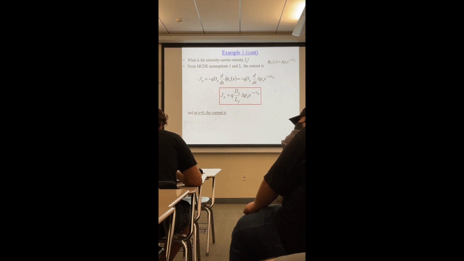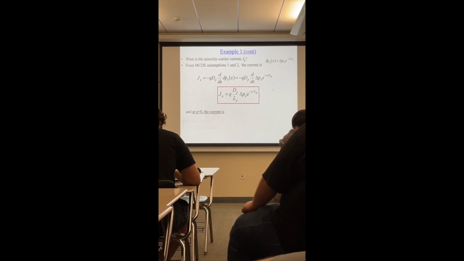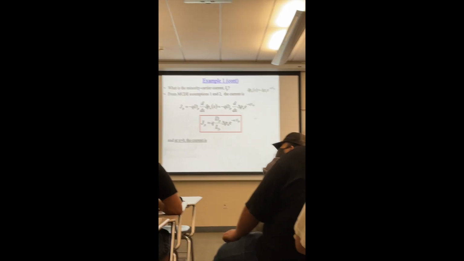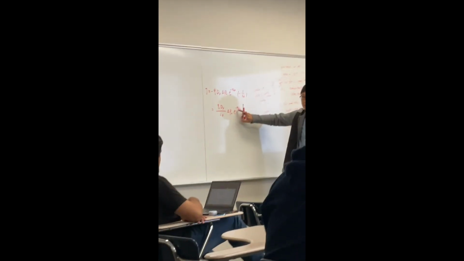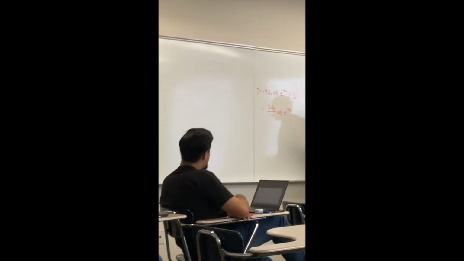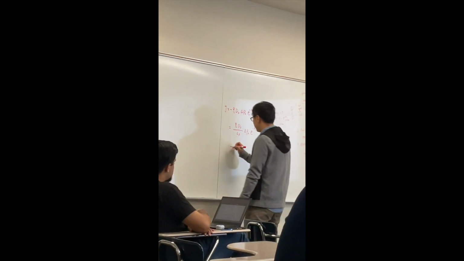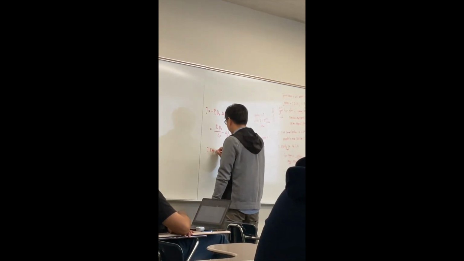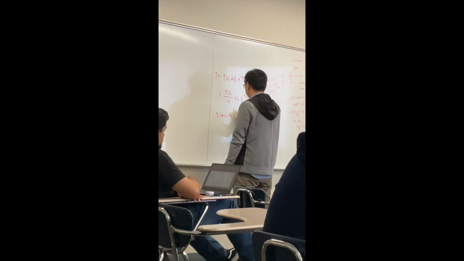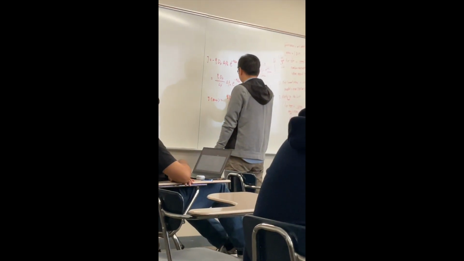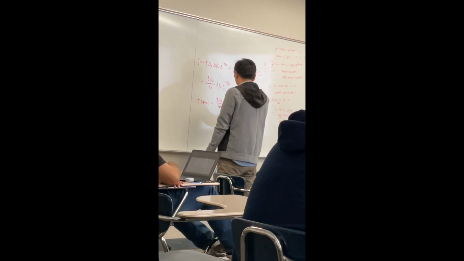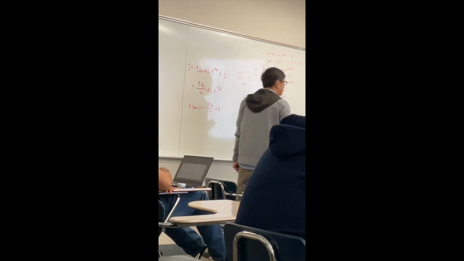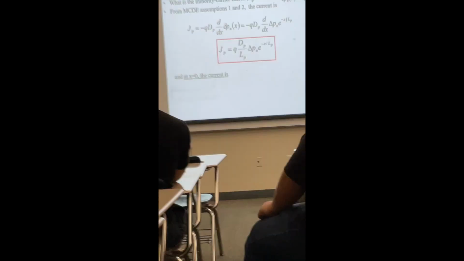Now what's the current when x equals 0? Plugging x equals 0 in here, exponential 0 is 1, so J at x equals 0 will be just q D sub p over L sub p times delta p sub n.